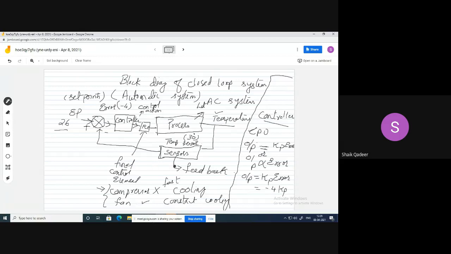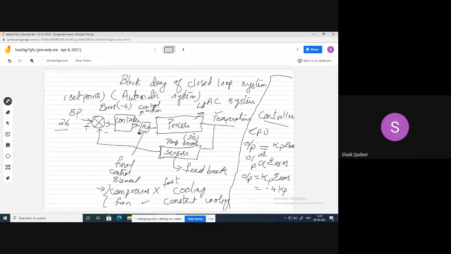There are a few courses which discuss the sensors, a few which discuss the process, a few which discuss the final control element, a few which discuss the controller, and a few which discuss the optimization of these systems. Like that, your courses are designed. Hope you understand your engineering with the help of this block diagram.